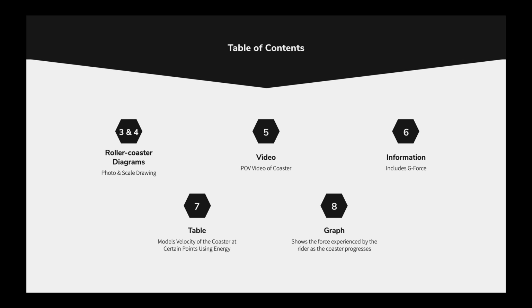And then after that, we have a video that shows a first person view of someone actually riding the roller coaster. And then we have the next slide, which is information on G force and other key measurements for our roller coaster.